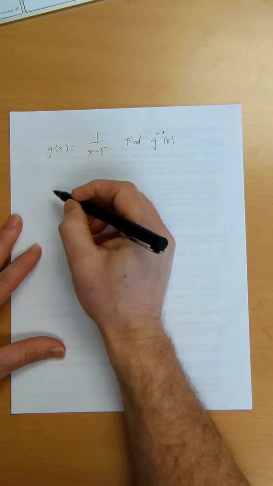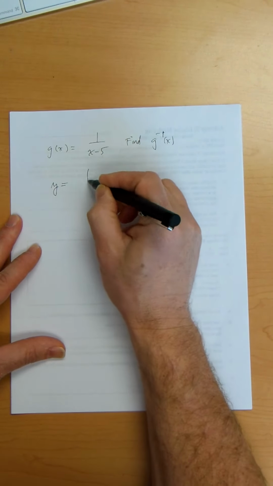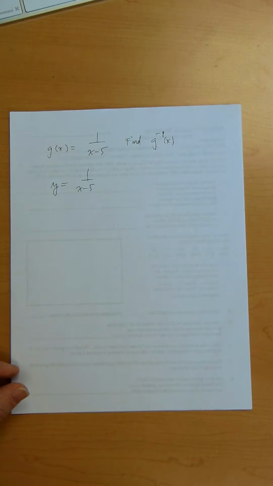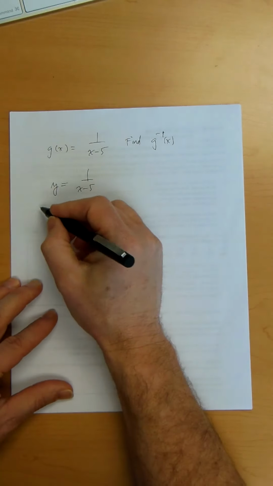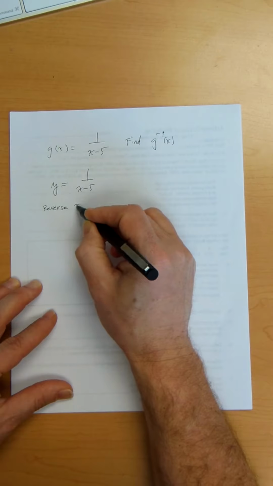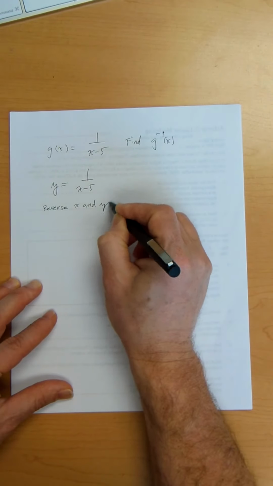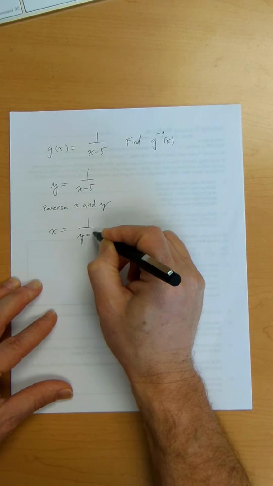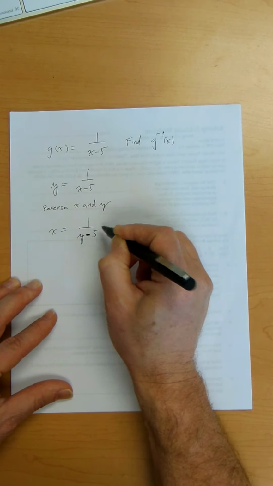The steps are, first write this as an equation. Get rid of the function notation and just write it with y's and x's. And then reverse the role of x and y. So I'm going to write x equals 1/(y minus 5).